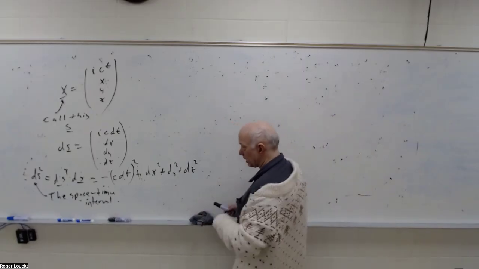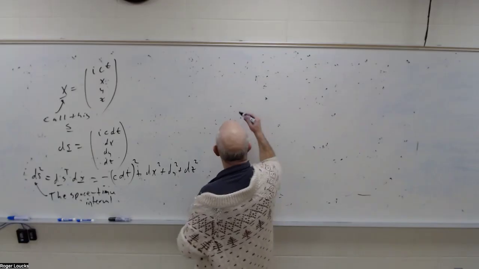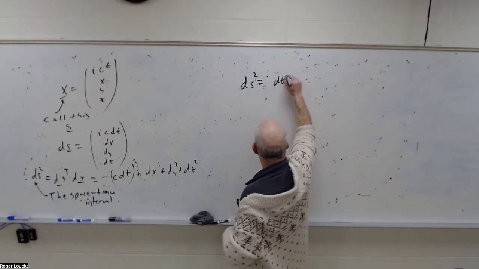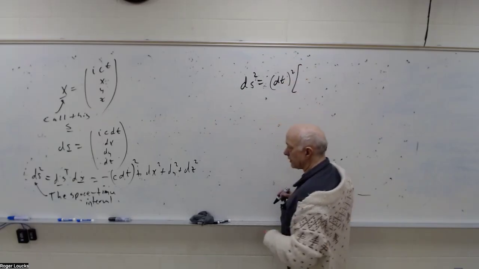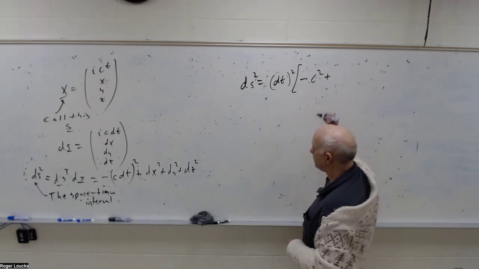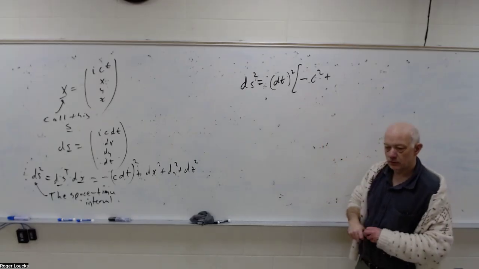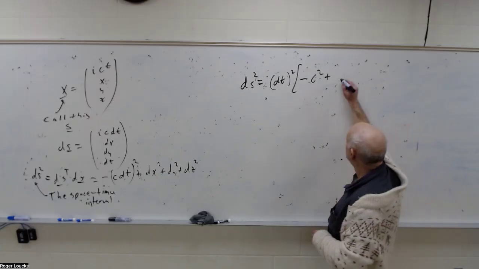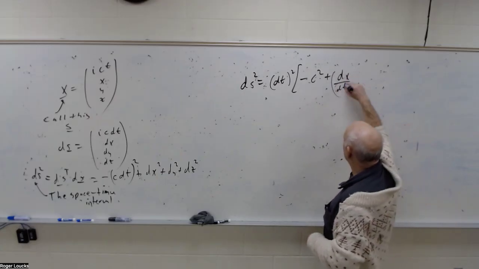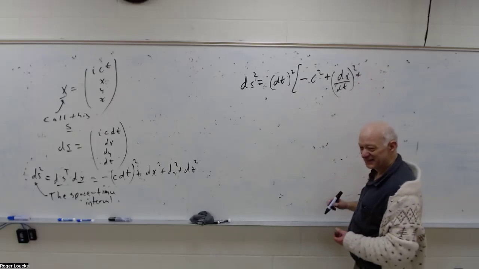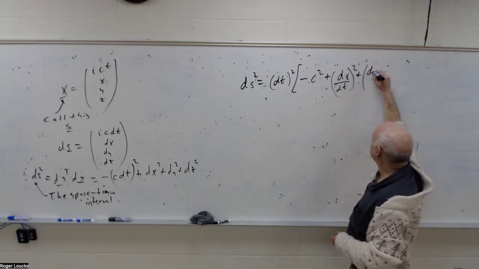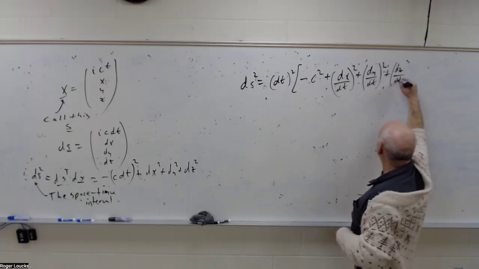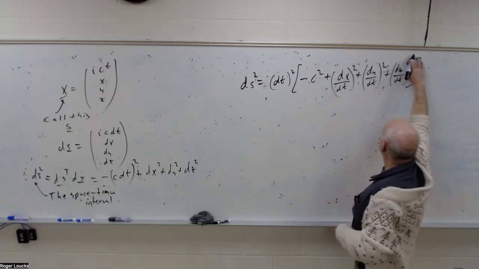So I'm gonna pull a dt squared out of all this. My space-time interval is dt squared times, leaving me with minus c squared plus, for the other part, dx over dt squared, plus dy over dt squared, plus dz over dt squared.